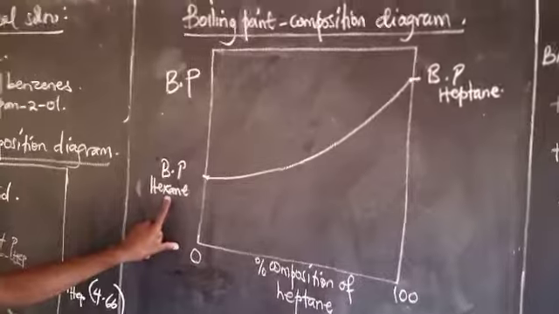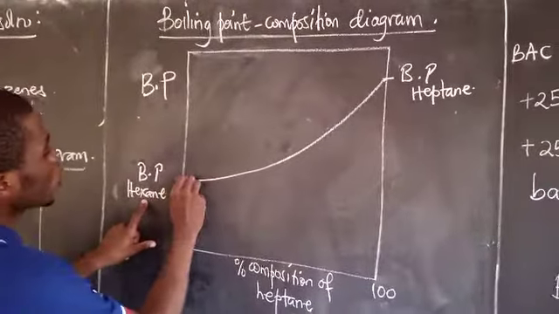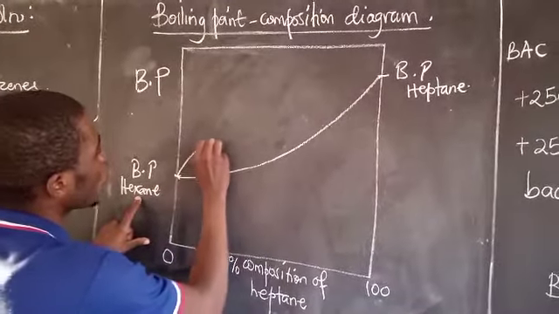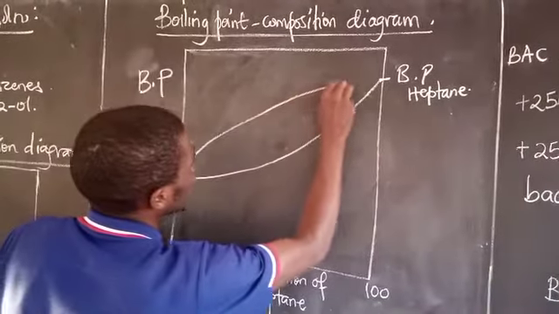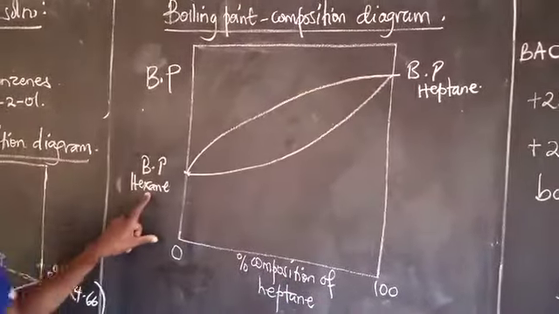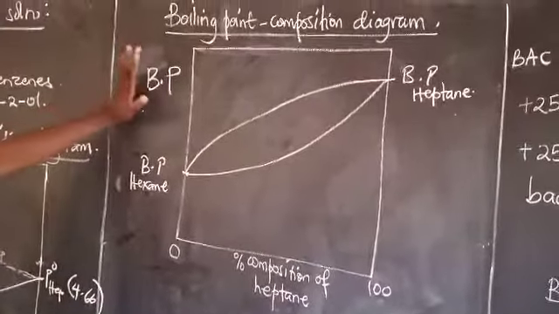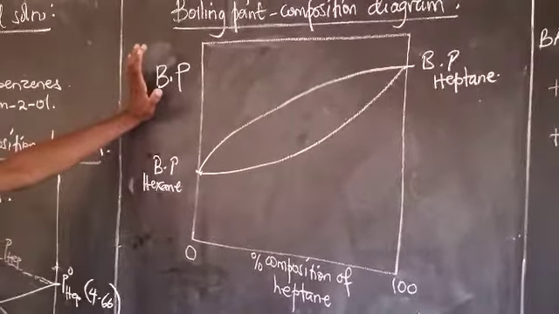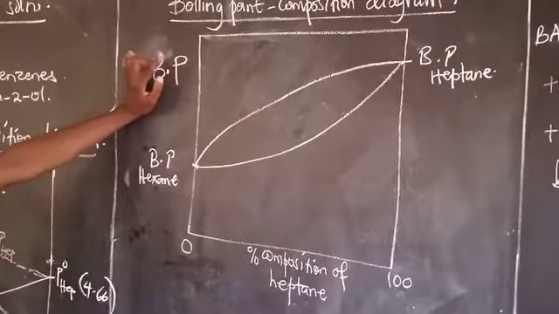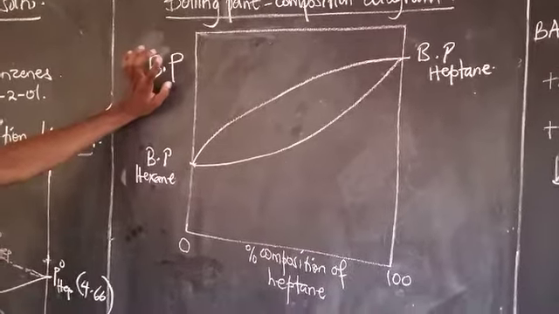And also, the composition of the vapor will keep changing according to that curve. And that will generate for us the boiling point composition diagram for any ideal solution.